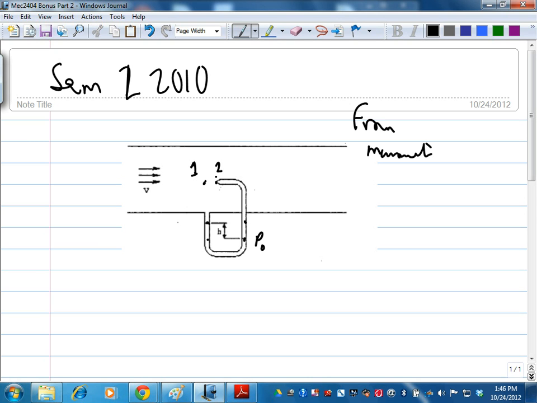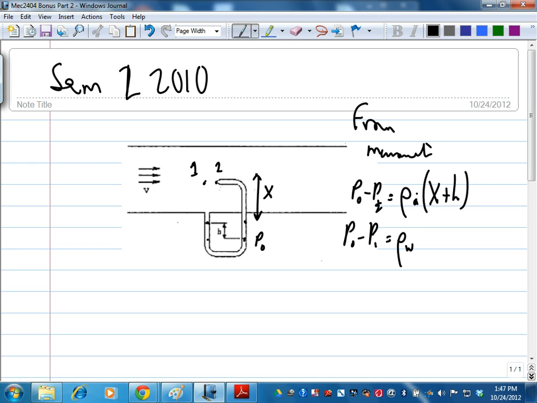Say this distance is X. P naught minus P2 is equal to rho air G, X plus H. P naught minus P1 is equal to rho water G H plus rho air G X.